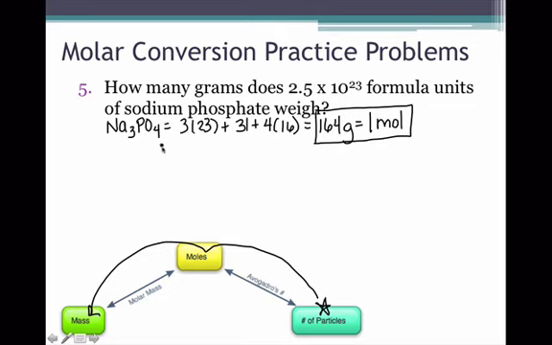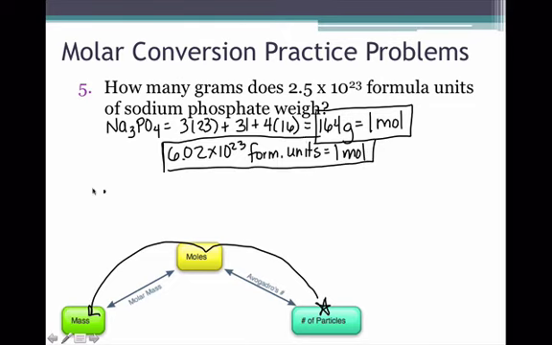And then Avogadro's number is using that 6.02 times 10 to the 23rd. In this case, it's formula units, equals 1 mole. And there's my second conversion factor. So I'm going to take those.